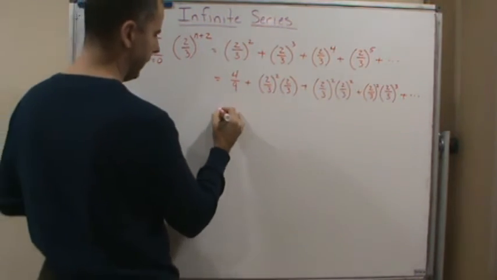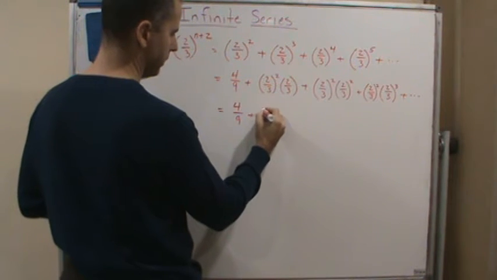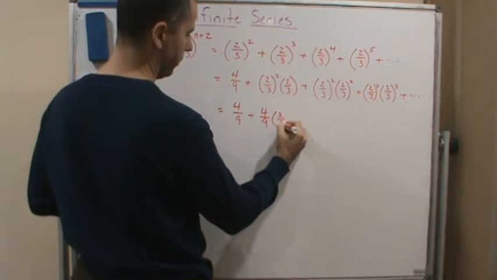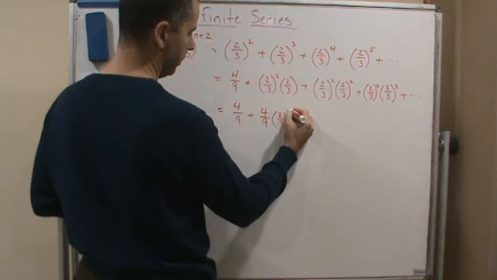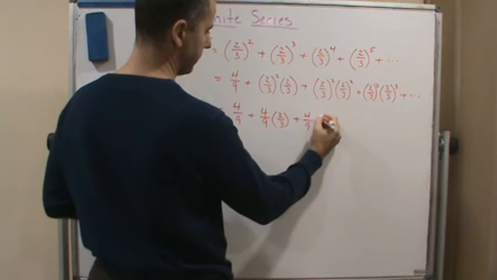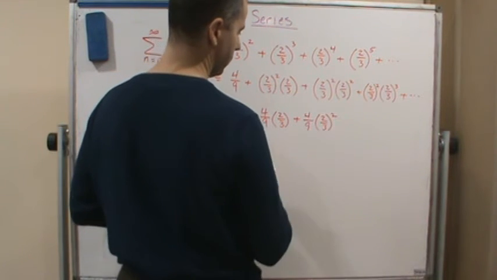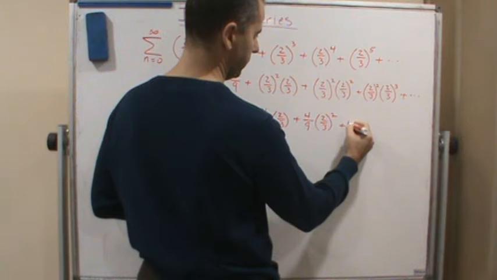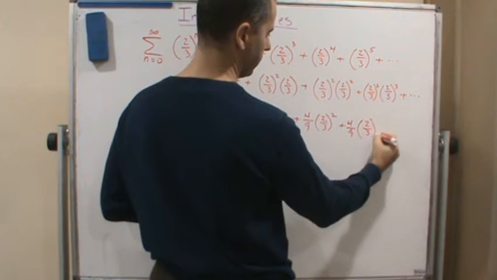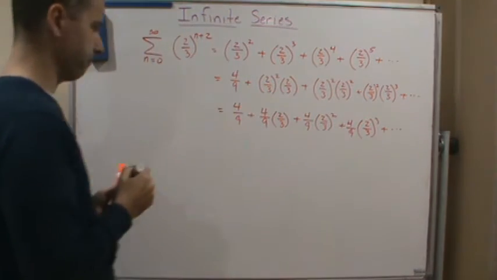And so if I write this again, this becomes 4/9 plus 4/9 times 2/3, plus 4/9 times 2/3 squared plus 4/9 times 2/3 cubed, and so on.